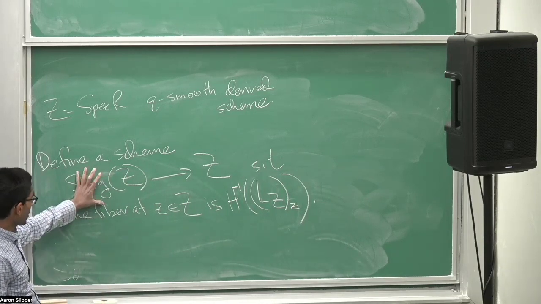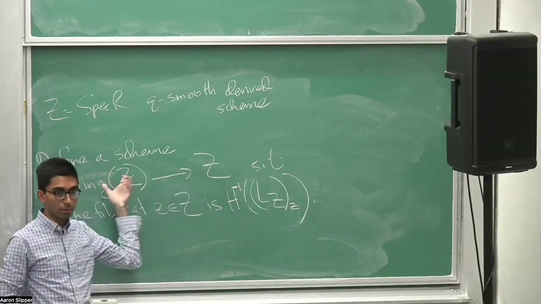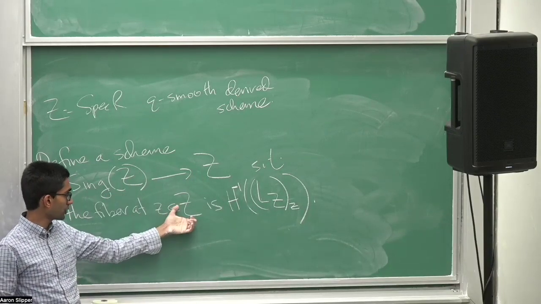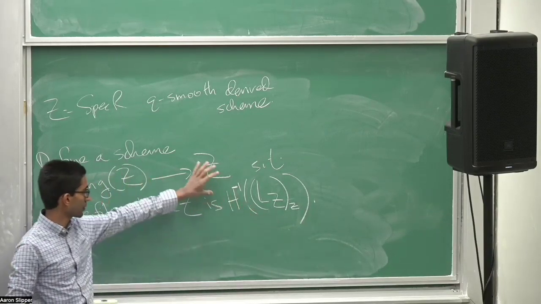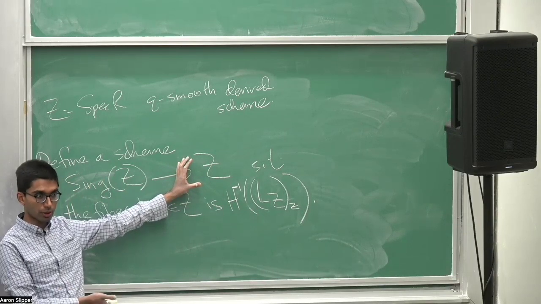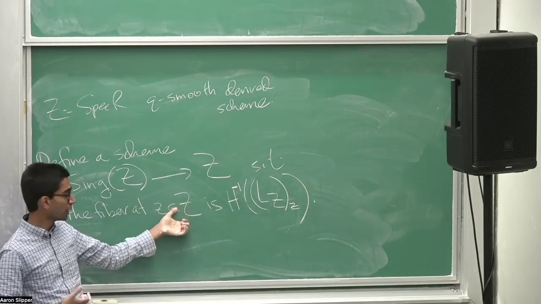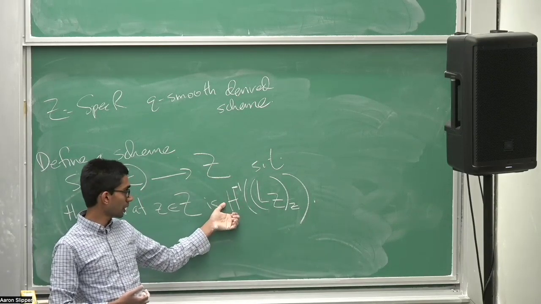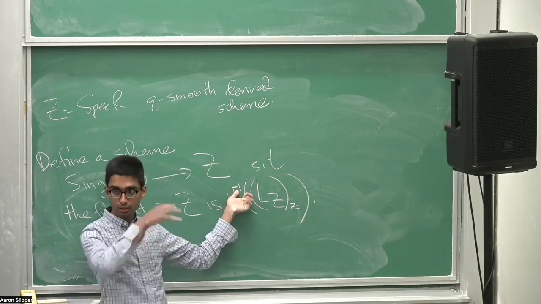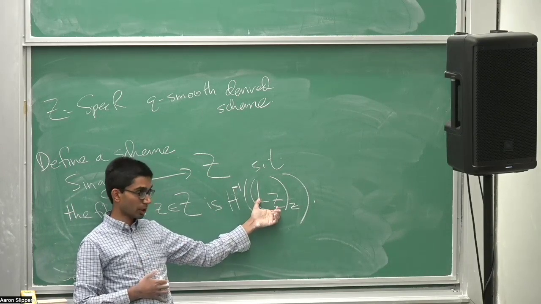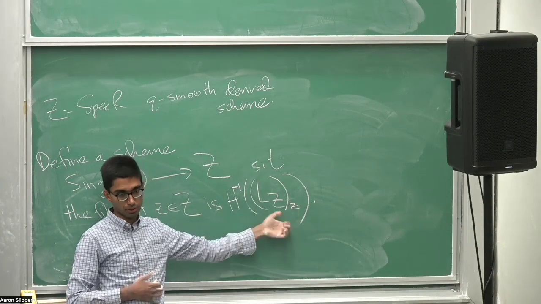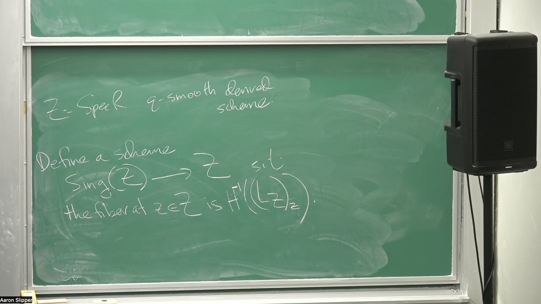So they define a scheme living over Z whose fibers are vector spaces, and the fiber at a point in Z is some sort of version of the cotangent bundle, but instead of the fibers being cotangent spaces, the fiber at a given point will be H1 of the cotangent complex of Z.